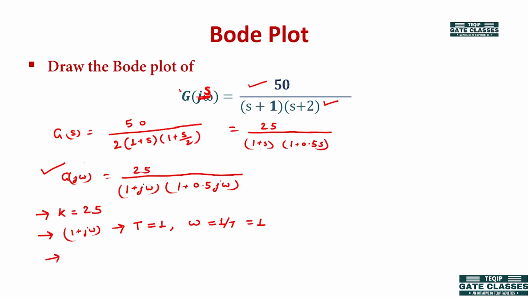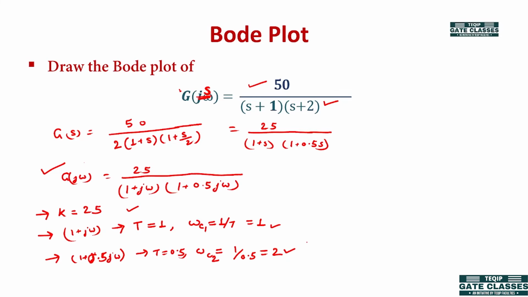And in the second term we have 1 plus 0.5 j omega, that means T is equal to 0.5, so omega c is equal to 1 by 0.5, that is equal to 2. So this is your omega c1, this is your omega c2. So here we have 3 values.